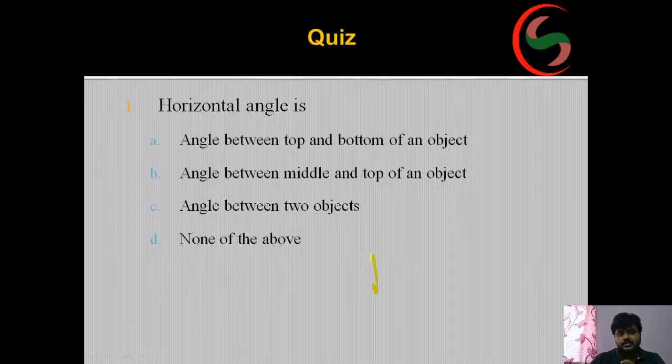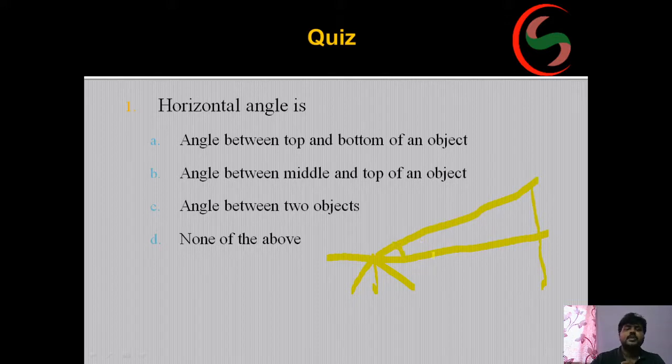Suppose our instrument is here, this is its line of collimation, and this is an object. First, the angle between middle and top of the object: this is the angle of elevation. Next, the angle between top and bottom of the object: this is the angle of depression. This is the complete angle.